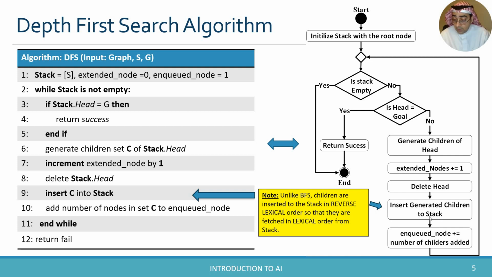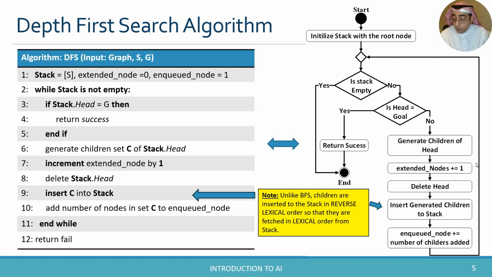not to the queue, to the stack that's over here, and that is gonna be inserted in, of course, in lexical order. But notice this is a stack, and in the stack things stack up, okay, and the head becomes the latest thing that you actually inserted into the stack. And you also add to the counter that we have for the number of children added to the enqueued node.